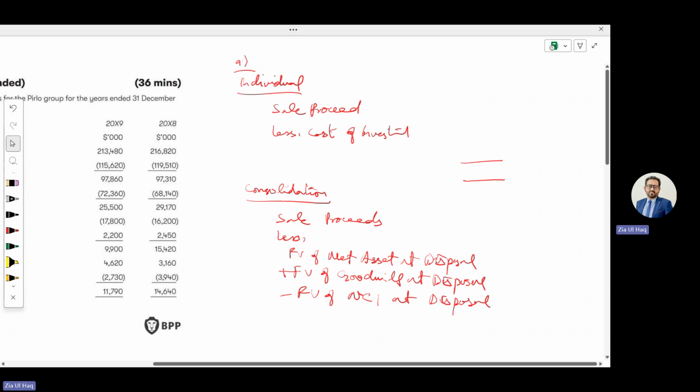So what is the value of these 3 components that we need to deduct from sale proceeds? Then we will be able to calculate the gain or loss on disposal. We know the formula, we just need to put in the figures.